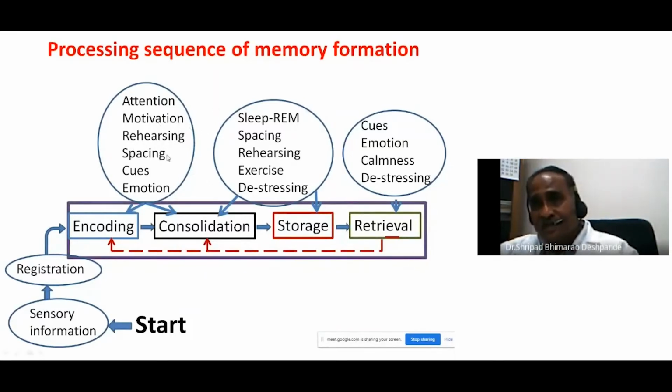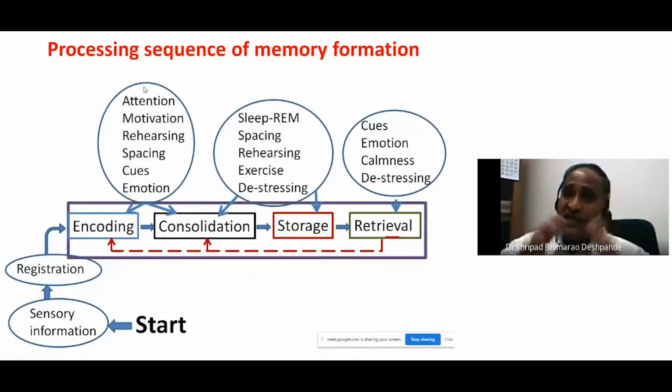Rehearsing, again, there are two components. One is rehearsing by reading, and reading has two components. If you are reading silently, sometimes you are lost because your mind is very fluid and wanders all over the place.